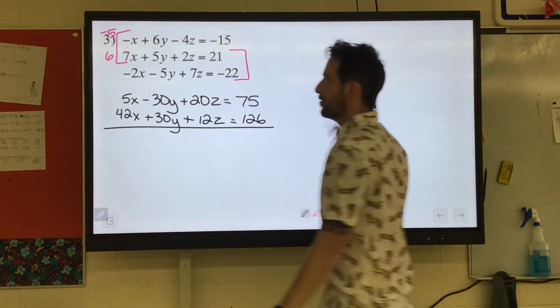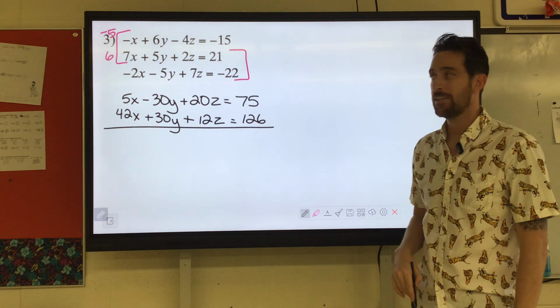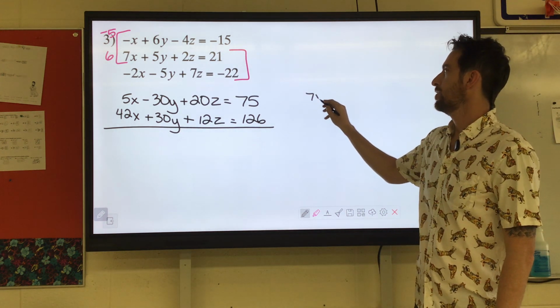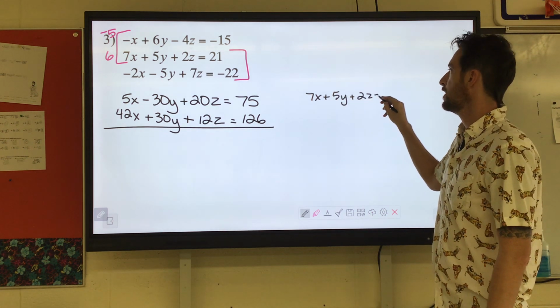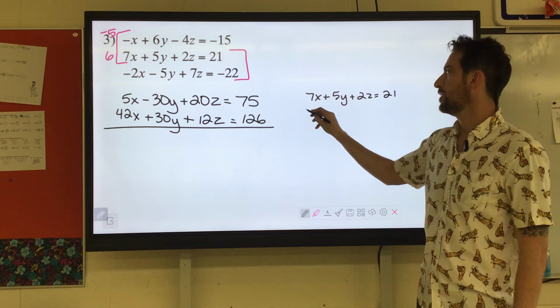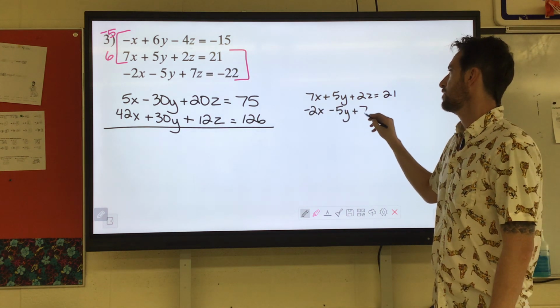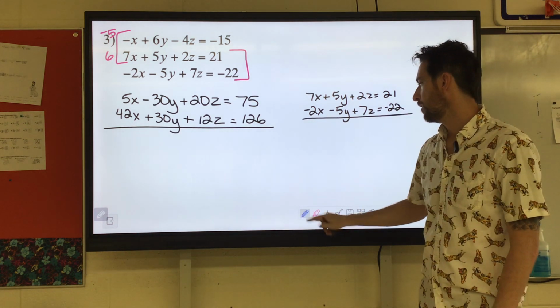I wish I would have written over here instead. Hey, sometimes we make mistakes. I'm just going to rewrite them because we don't have to multiply them. 7x plus 5y plus 2z equals 21, and negative 2x minus 5y plus 7z equals negative 22.